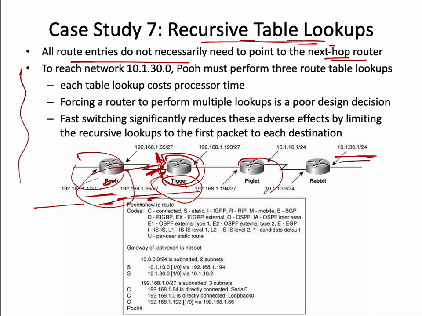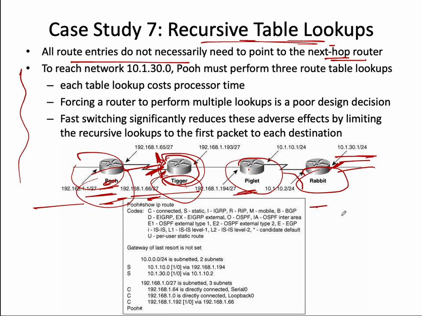It can take a lookup on this one to find a better path, right? And this process continues until the router finds a direct route to the destination. And then it takes a look at this router and says, hey, 10.1.30.1 is directly connected to this interface. So I found it. So in this case, there were 3 recursive table lookups, right?